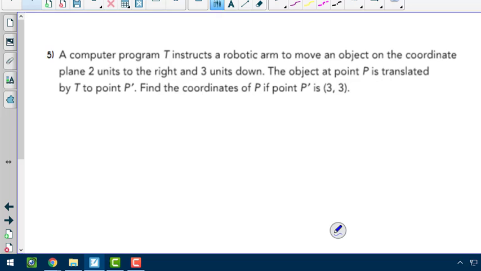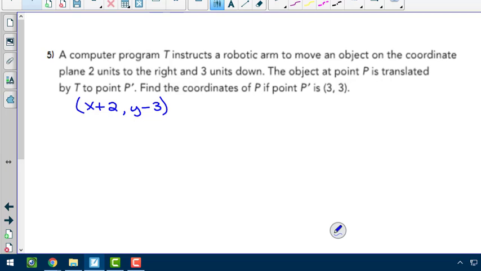Question number 5 says, a computer program T instructs a robotic arm to move an object on a coordinate plane 2 units to the right and 3 units down. So I know that's x plus 2 and y down minus 3. The object at point P is translated by T, by this transformation, to point P prime.